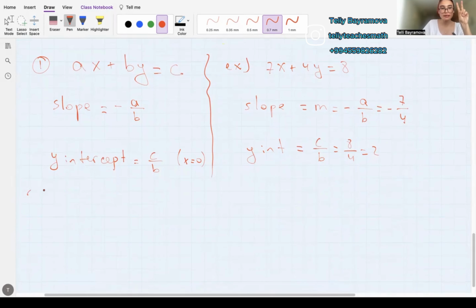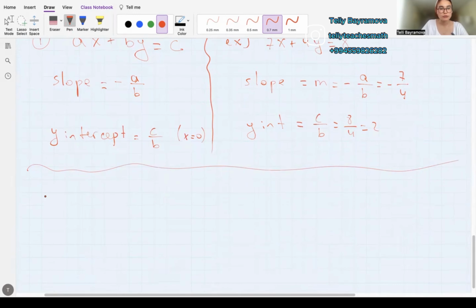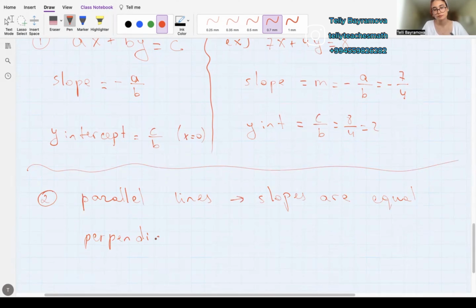Okay? And second, what you need to know: if we are talking about parallel lines, slopes are equal, right? Slopes are equal. If we are talking about perpendicular lines, in this case, slopes are negative reciprocal.